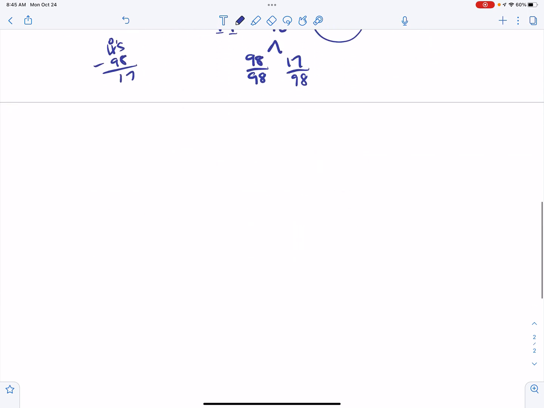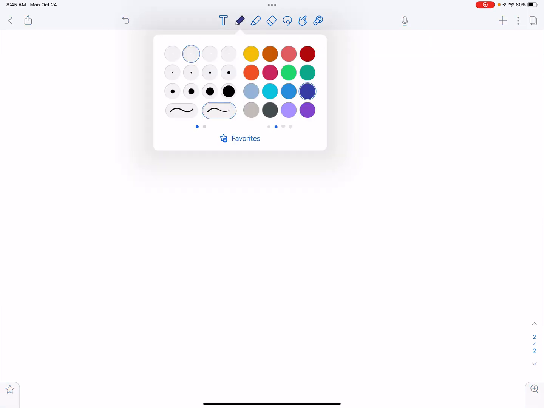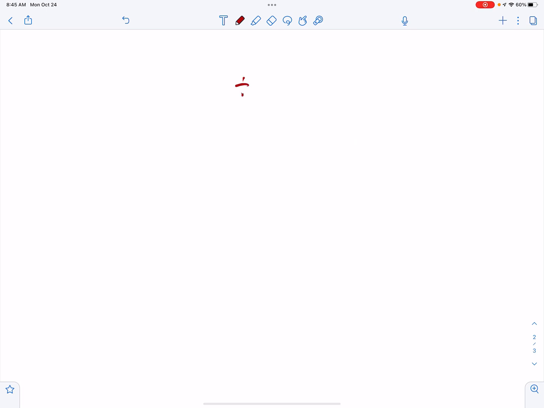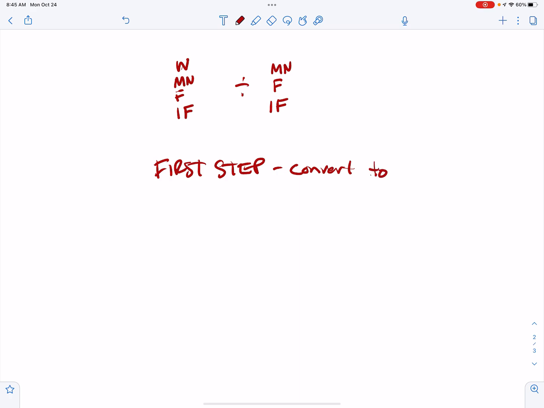So one last recap. When you are doing any sort of fractions, this could be a whole, a mixed number, a fraction, or an improper fraction, divided by a mixed number, a fraction, or an improper fraction, your first step should be to convert them to improper fractions.